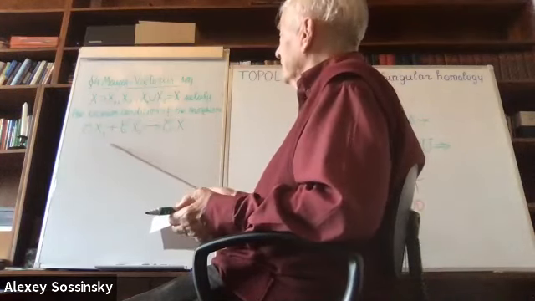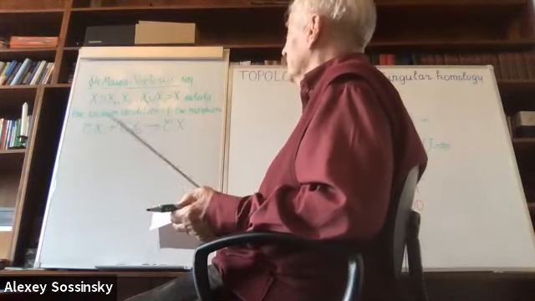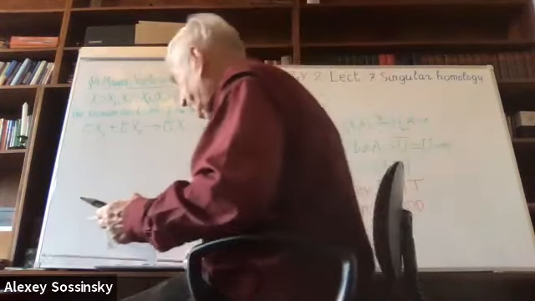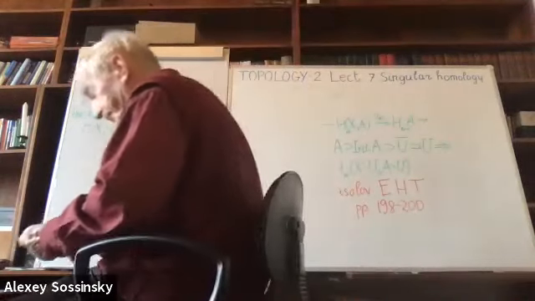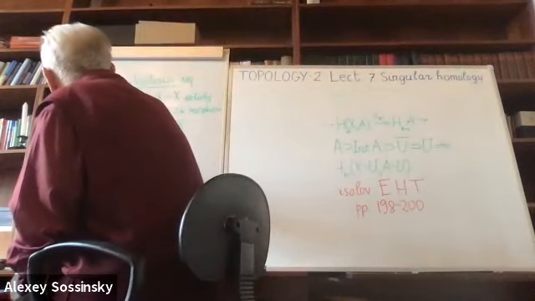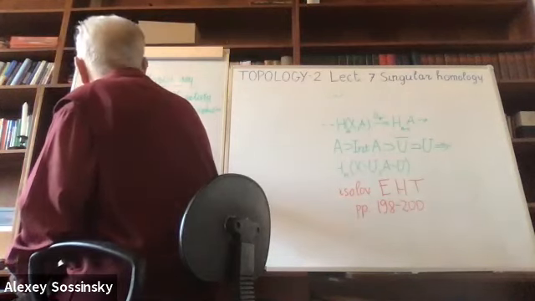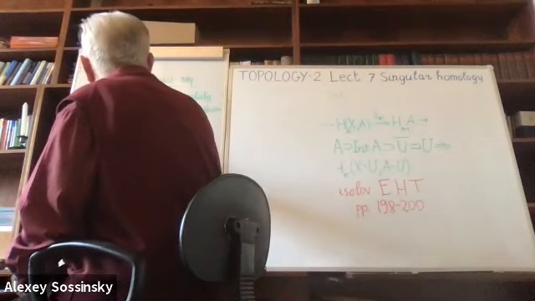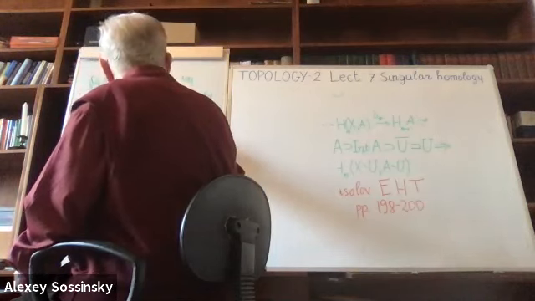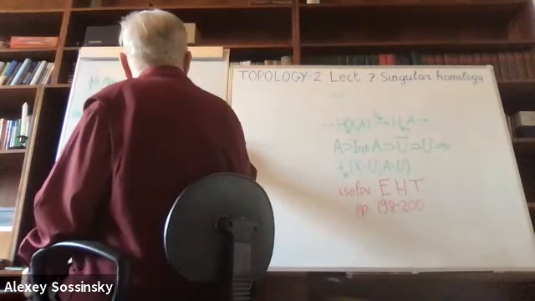So here it's a chain which is the sum of two chains, a chain from here and here. And the sum is actually just a chain in X. The excision condition says that it induces an isomorphism in homology.